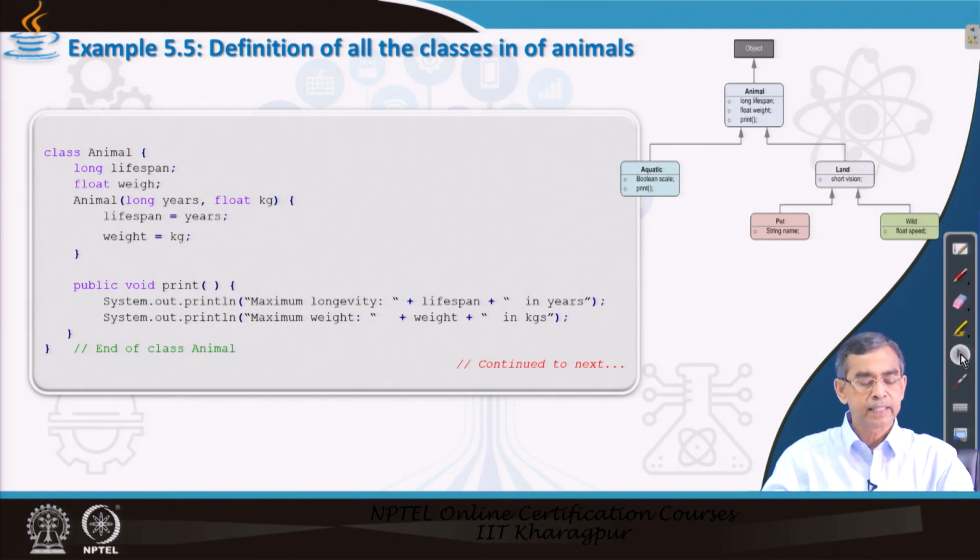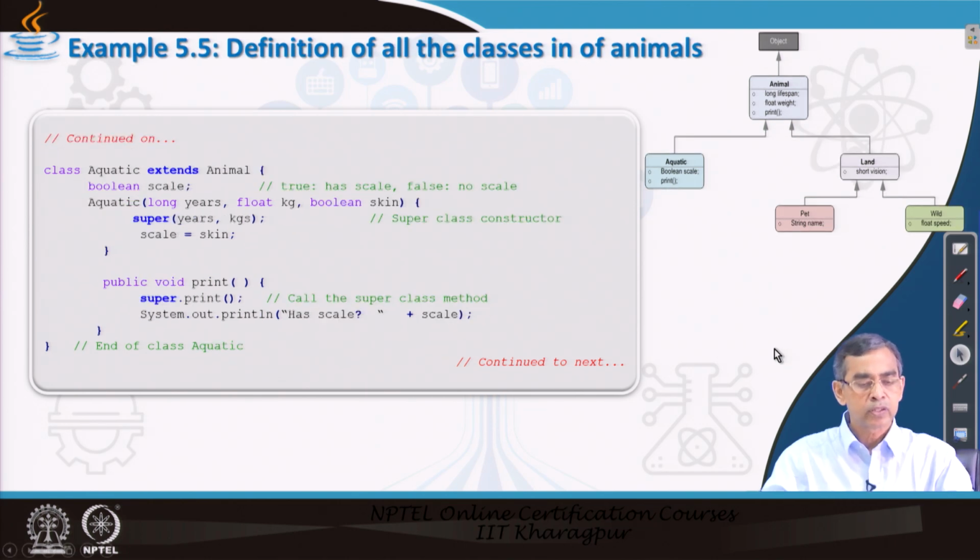Now, likewise there is another class. So, this is the Aquatic class. Aquatic extends Animal by inheritance, and this is the print method that we declare. It is very simple, all these class declarations are simple.